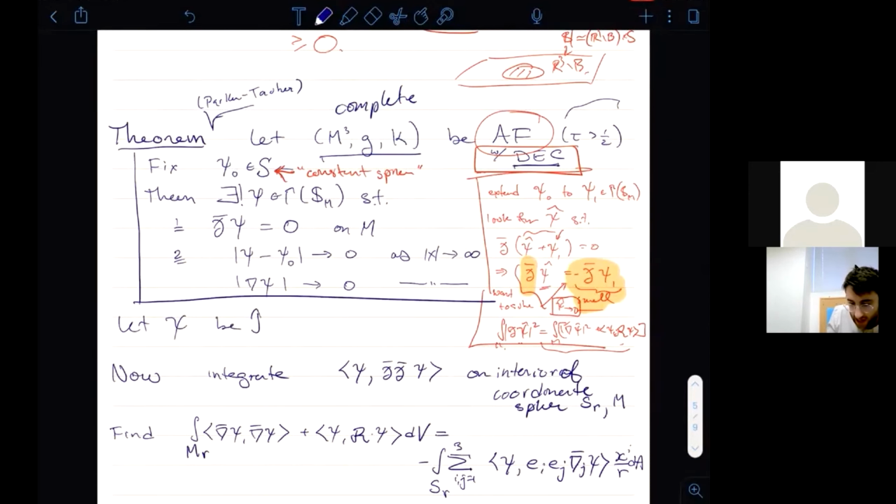We have our asymptotically flat manifold, complete. Now we will take the interior of coordinate spheres, SR. We have a chart to R3 minus a ball that allows you to transport these coordinate spheres to the manifold. Let's call MR the inside here.